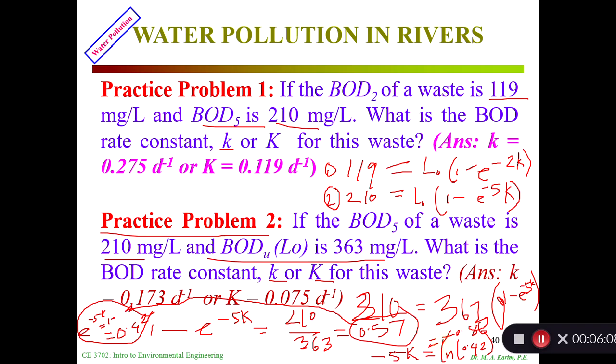Now the negatives cancel out, and the k value would be equal to 0.86 divided by 5. So 0.86 divided by 5 is 0.172.